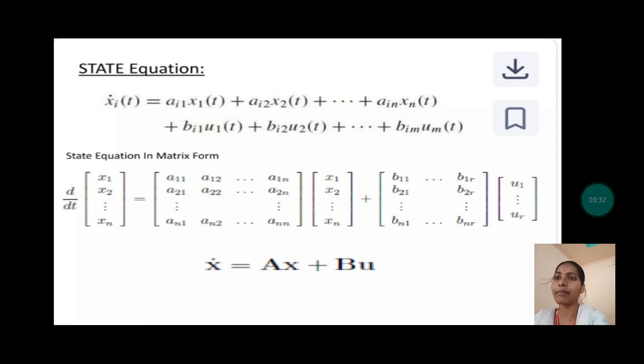State equation in the matrix form: derivative of x1, x2 and so on xn is equals to a11, a12 and so on a nn, and it is in the form of x dot is equals to Ax plus Bu.